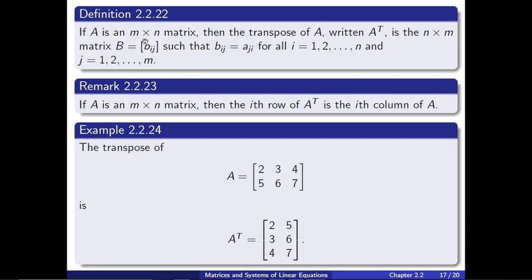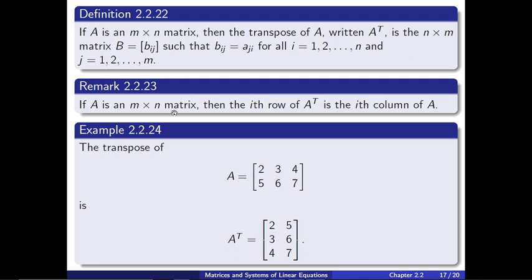You started off with an m by n, you get an n by m, such that the rows and the columns are reversed, right? So the new bij is the old aji. Let's illustrate that with an example, but maybe we can talk about the remark first.